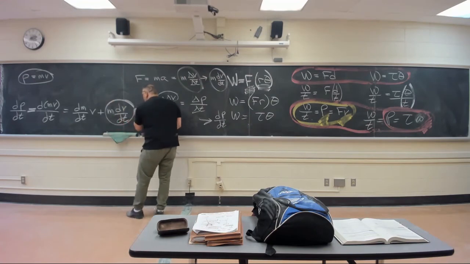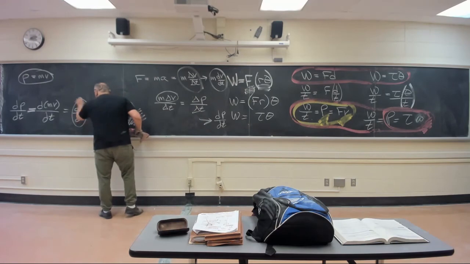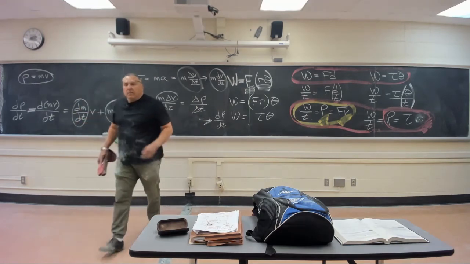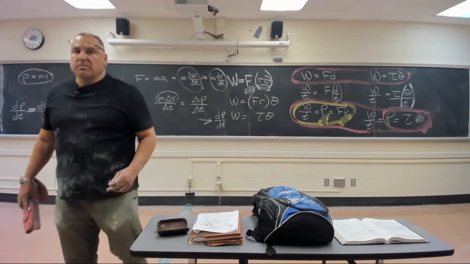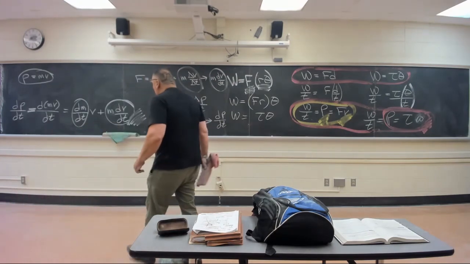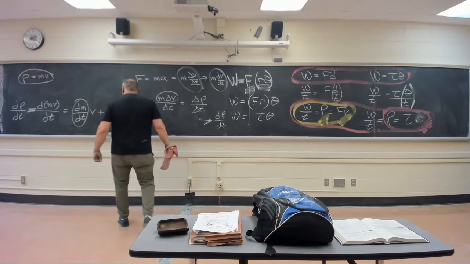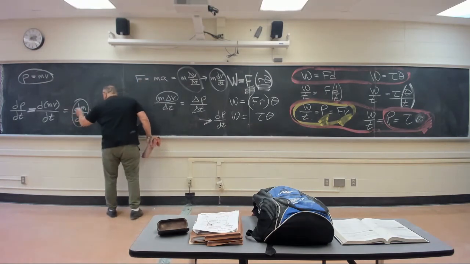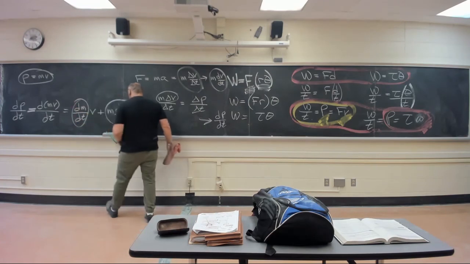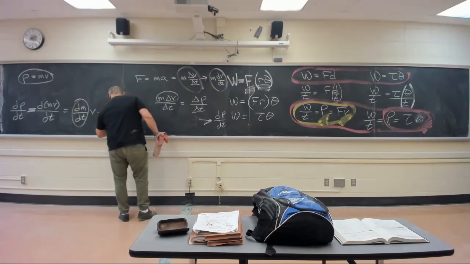Usually people are allowed to stop right there because there's no change in mass. But in a rocket, there is change in mass. So it becomes very important, and they both become significant. Oftentimes, dm dt is 0. If dm dt is 0, you got this.